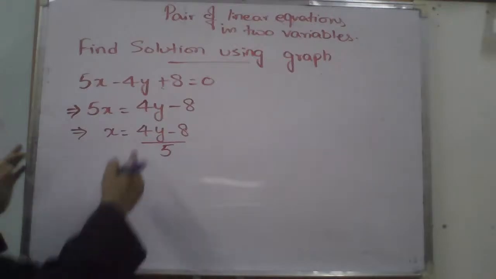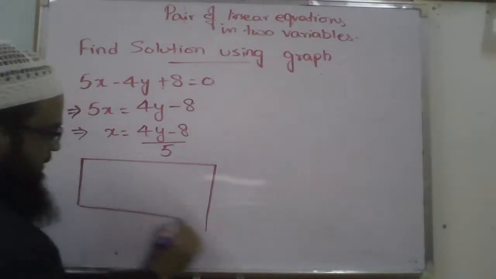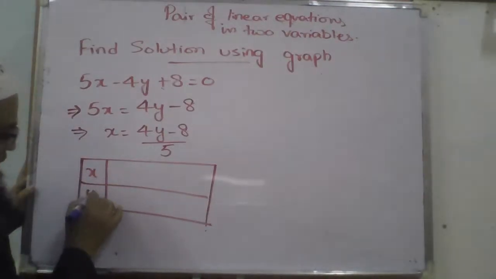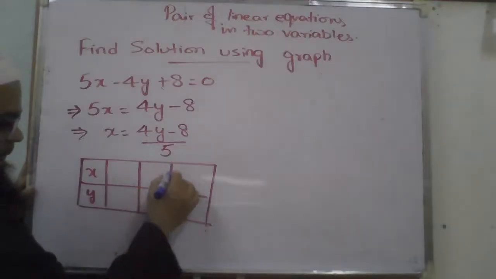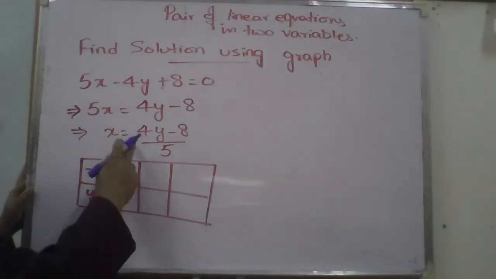For example, take the table, and this is x and this is y. If you take y is equal to 2, what happens here?